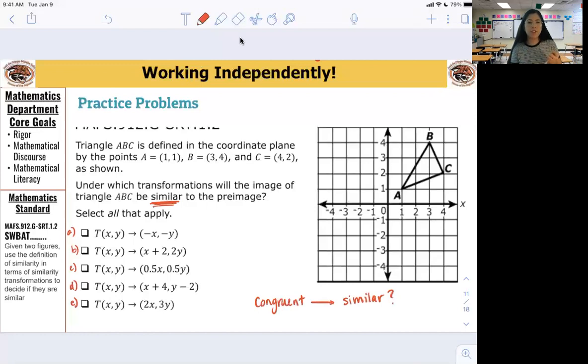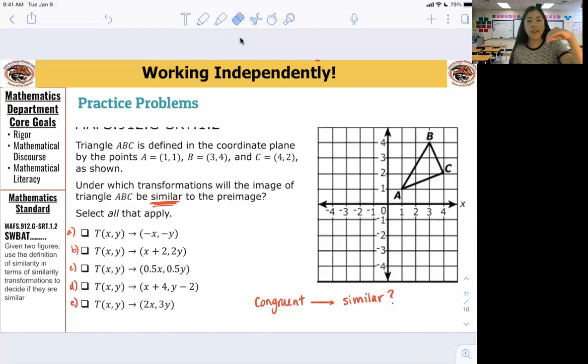So what's the definition of similarity? Similar figures have to have the same angles and proportional sides. Proportional just means that whatever the new figure over the old figure has to be equal no matter which two sides you choose. But if they are congruent, what is the scale factor going to be? 1.